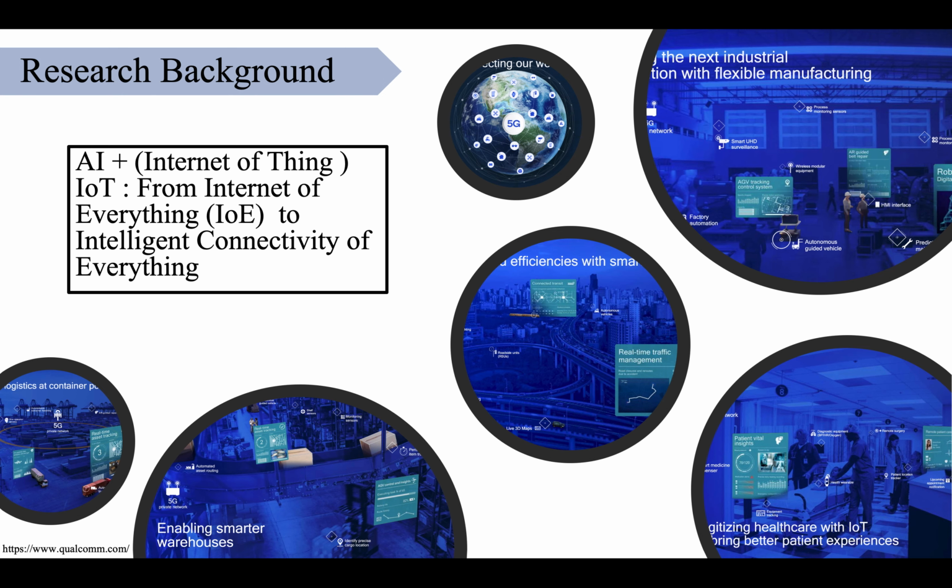With the rapid development of Internet of Things and 5G, we are now living in a world of smart services such as smart transportation, smart manufacturing, smart logistics, and smart health. So we all realize that AI and IoT means from Internet of Everything to intelligent connectivity of everything.